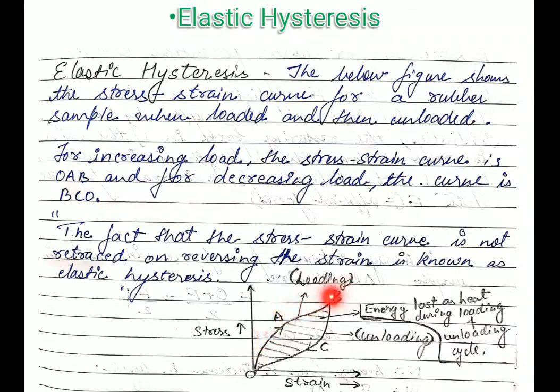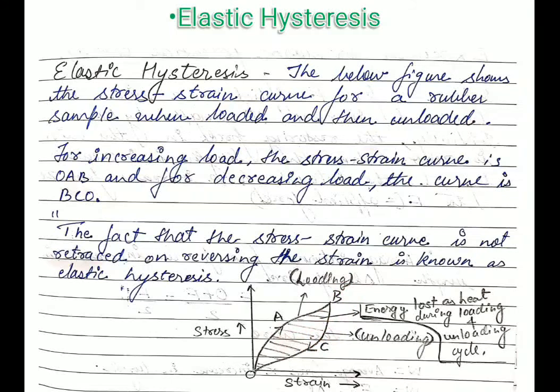This is the OAB curve which shows when the rubber sample is loaded. This curve shows the loading, and for decreasing load the curve BCO represents the decrease in the load. So you can see here the second curve. This shows the decrease in the load.